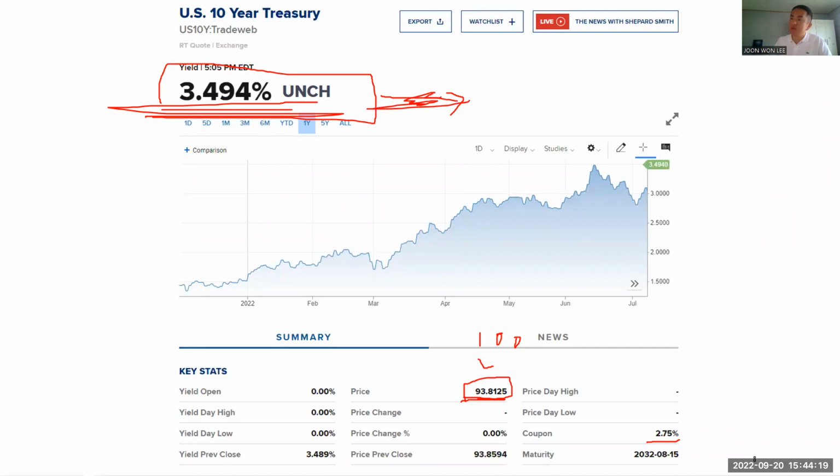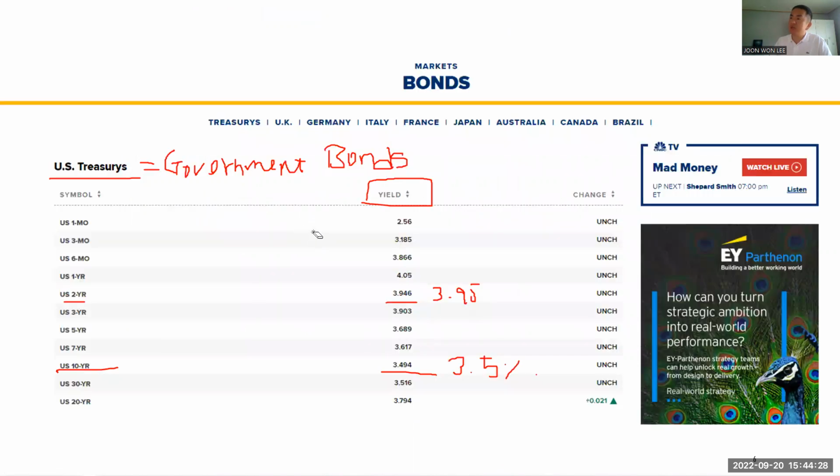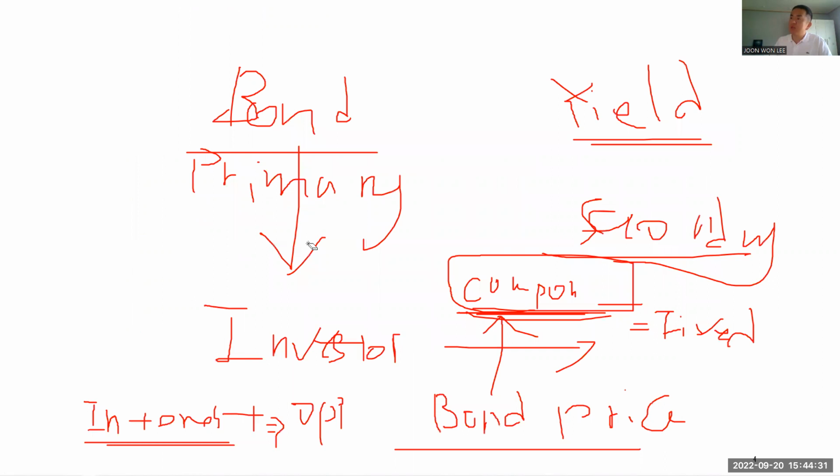Am I not clear? Why does the interest rate have any connection with the bond? Because the market interest rate is the discount rate. The market interest rate is supposed to discount all the cash flows of the bond, which are the coupons, right? The coupon rate is fixed during the life of the bond. So if the market interest rate is higher than the coupon rate, then the price of the bond is lower.